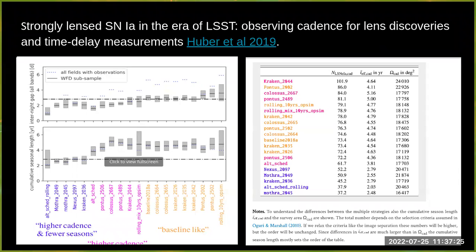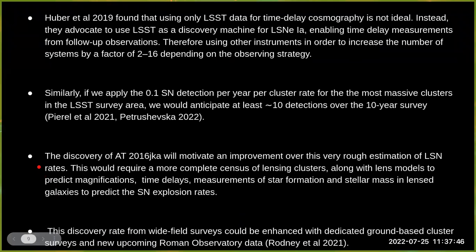The important thing is that this is on the statistical side, and this is dominated by the short time delays produced by galaxy lensing. I am interested in repeating this kind of analysis, but on the high magnification fields.